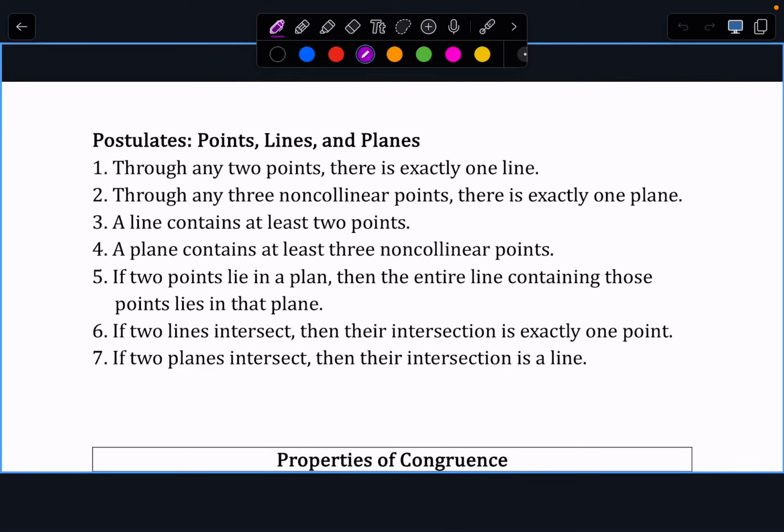All right, so we did proofs yesterday with algebra problems as an introduction to how to write proofs so that when we do them in geometry, we kind of know the ropes, okay?